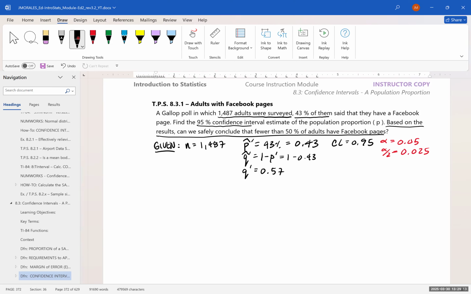All right. So what do we need in this problem? We need a confidence interval with a point estimate and margin of error. The point estimate, now we've got. What we need is the margin of error.